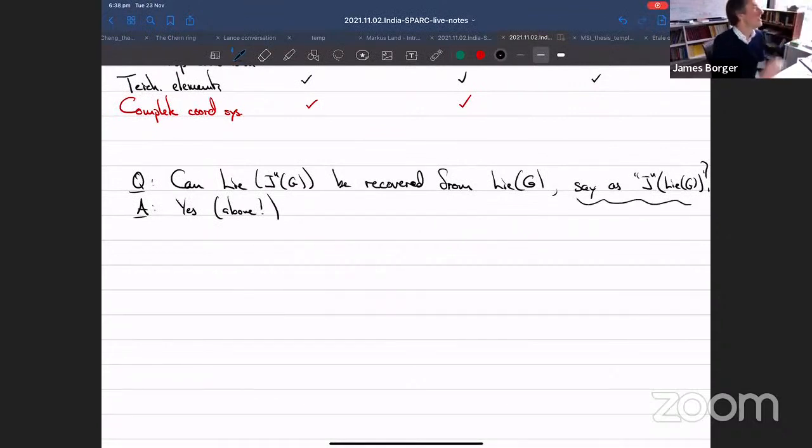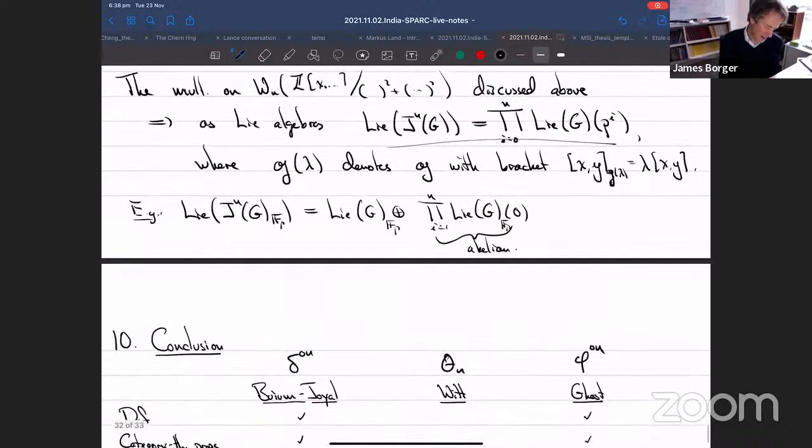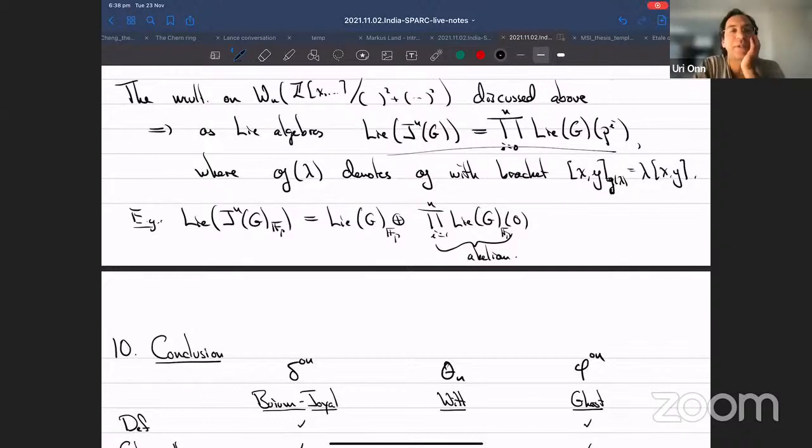I think the right answer to your question is no, as you stated it literally, but this is the proper interpretation of your question, and the answer there is yes, just by this construction: take a product and keep twisting by powers of p. So it can be recovered.